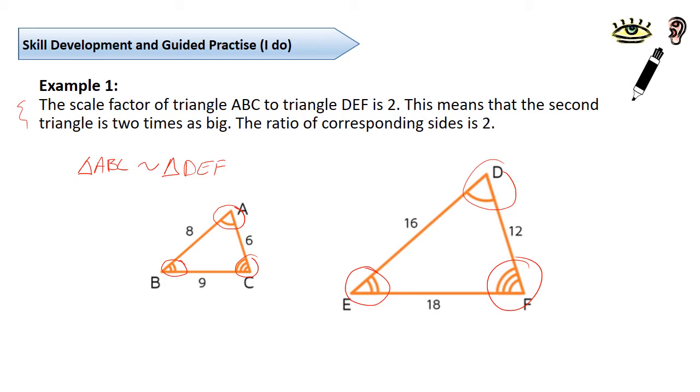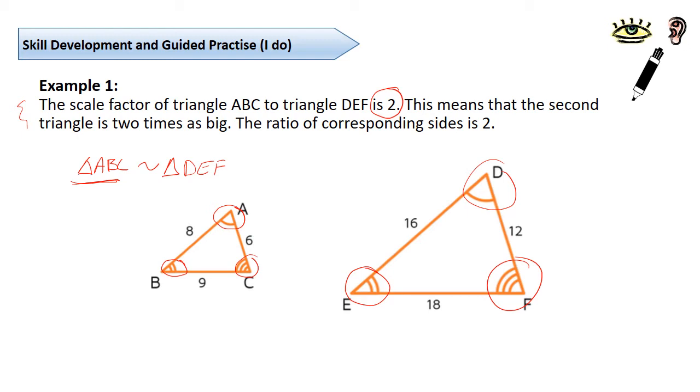The scale factor of triangle ABC to triangle DEF is 2. So this means that the second triangle is 2 times as big. The ratio of corresponding sides is 2. So what's happened is triangle ABC has been enlarged by a factor of 2.